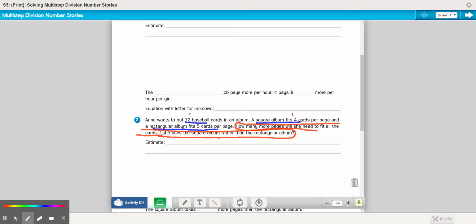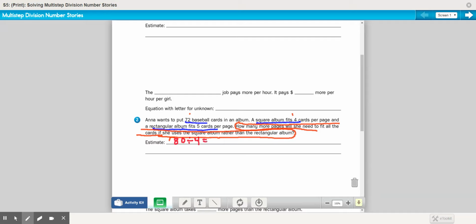And instead of making it 72, we'll make it 80 because 4 goes into 80. So let's go with 80 divided by 4. And this is again for the square album.